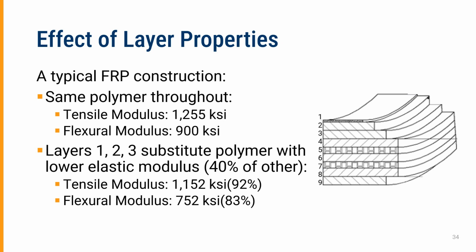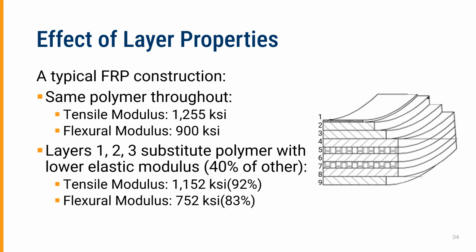Layer properties can actually have some effect. So a typical FRP construction will often have the same polymer throughout the thickness. The tensile modulus would be, say, 1255 KSI. The flexural modulus, about 3/4 of that, is 900 KSI.